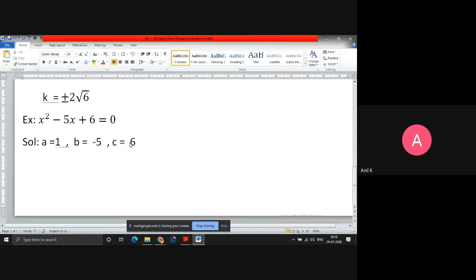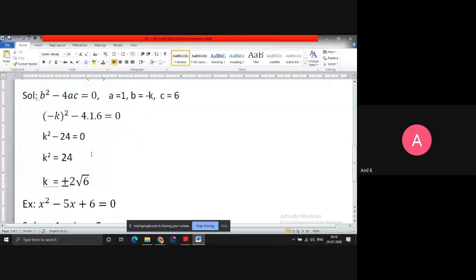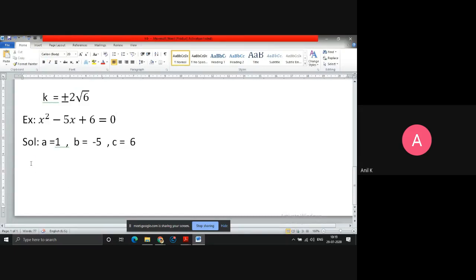For the easiest way to solve, you find b square minus 4ac value also, so that in the formula you can substitute directly. b square minus 4ac equals to, b square value is minus 5 whole square, which is 25, minus 4ac, 4 into 1 into 6.